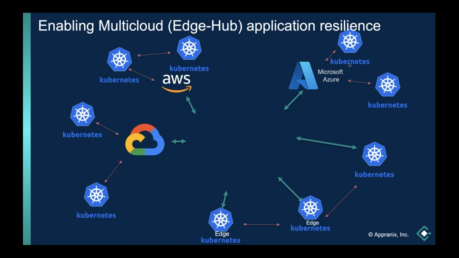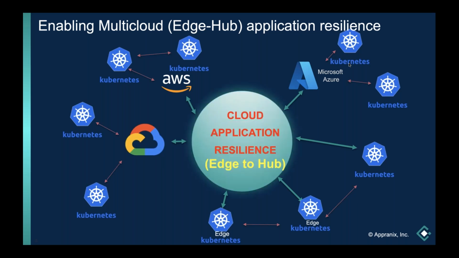Maybe the site reliability engineers are responsible for making sure all these components run reliably, and also reliably across multiple different clouds, be it edge, where you have limited capacity of your infrastructure, or be it hub. When I say hub, this is a central cloud platform such as AWS, Google, and Microsoft, to name a few.